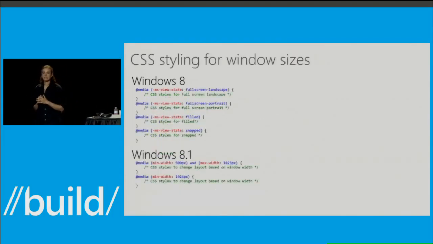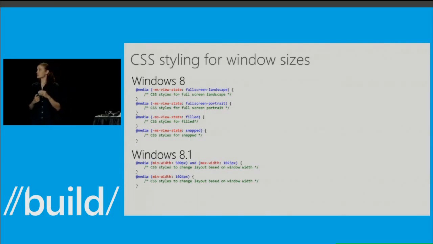In Windows 8, we encouraged you to use media queries in your CSS files to respond to these different view states, to do different things in your styling. And the way we supported that was through the IE-only CSS property MSViewState. No longer do we encourage you to use MSViewState.